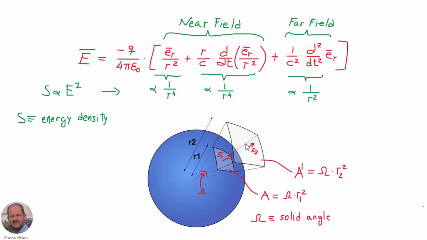The same thing happens if we want to calculate the total energy emitted by this term from the particle. If we calculate the energy going through a complete sphere surrounding the particle, this energy is going to be exactly the same independently of the radius of the sphere.